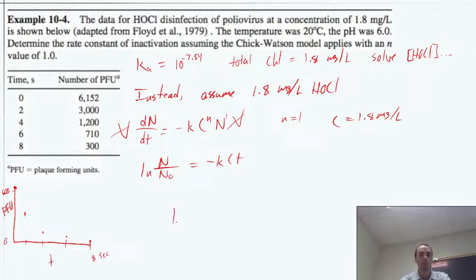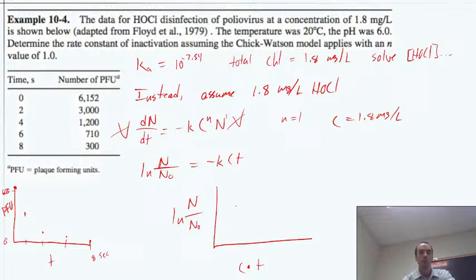So if we were to plot the natural log of n over n naught on the y-axis, and then we could either do time, or more conveniently, this contact time circumstance, c times time. I'm just going to put a dot.